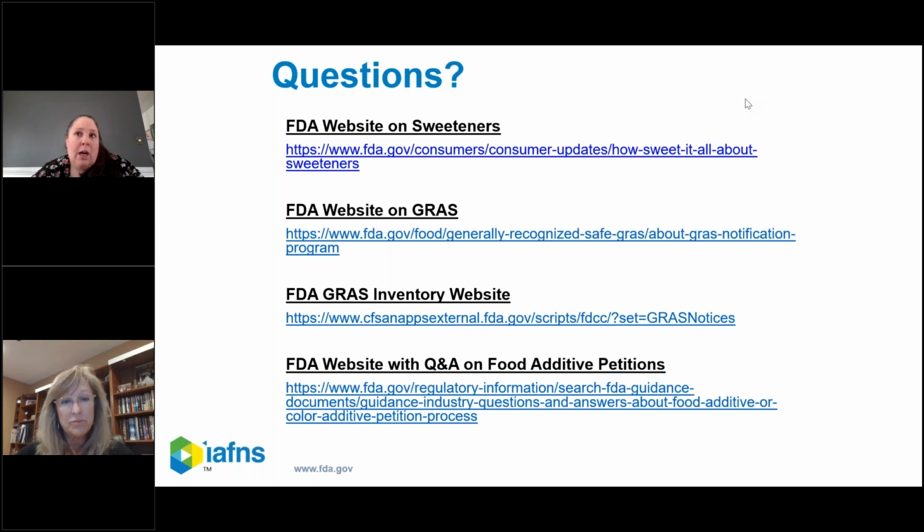So a GRAS notice or a petition is going to be submitted for an individual sweetener. And so we don't consider the fact that it gets mixed in with other sweeteners, for example. This is not part of the review process. So as long as the intended use is the same, once a sweetener has been approved for that use, then it could be combined with another sweetener in a food formulation.